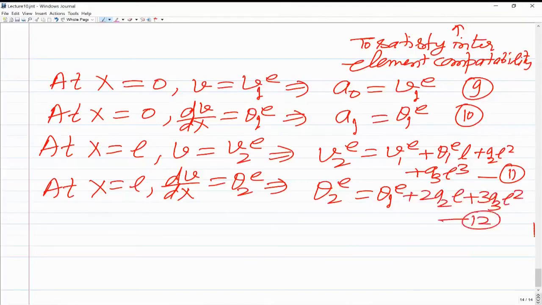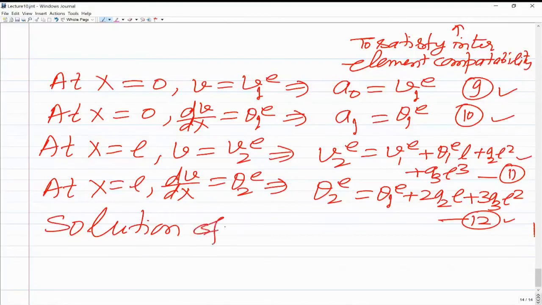So from equations 9 and 10, we already have a naught and a1: a naught is v1e and a1 is theta 1e. We can solve equations 11 and 12 for a2 and a3. I will leave the solution for you to check.